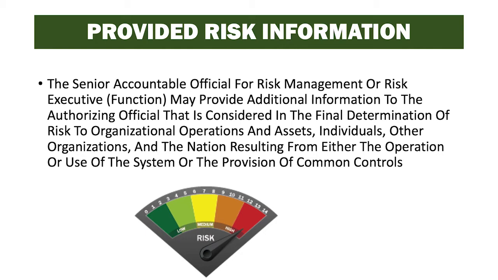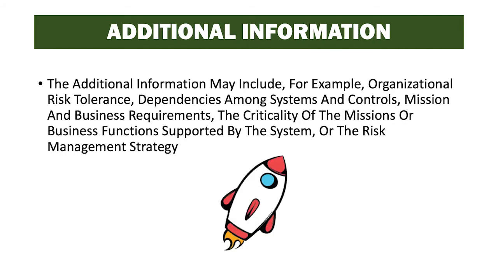So the authorizing official can get additional information on this risk status from the senior accountable official for risk management or the risk executive function to provide them the level of needed detail to determine if the implementation of this system will go beyond the risk tolerance levels of the organization.